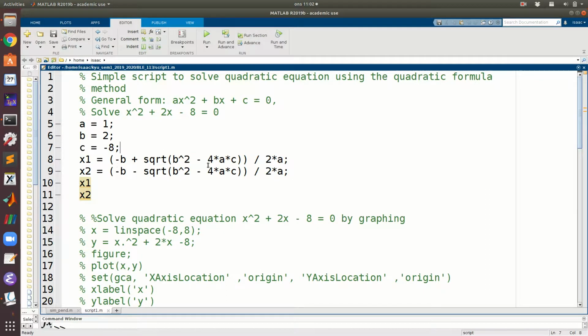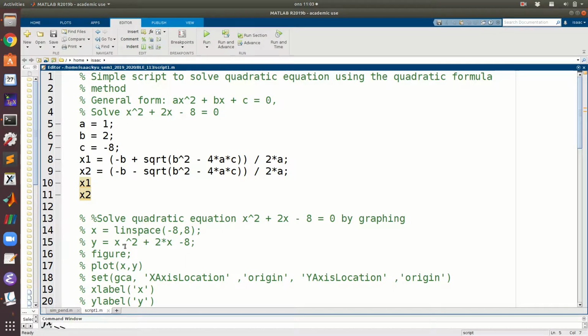It is as simple as this. The syntax is quite easy to learn. The star here means times, and this is 2 times a. The semicolon is simply to suppress output; if I don't put it there, it is going to write the output of each line.